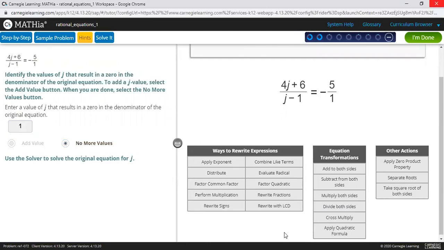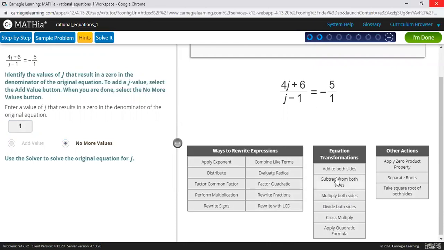And you are presented with a menu of options. So we have ways to rewrite the expressions. We have equation transformations. So once I've eliminated my denominators, I can then use this to solve my equations. And then there are a couple other actions. There's going to be a little learning curve.